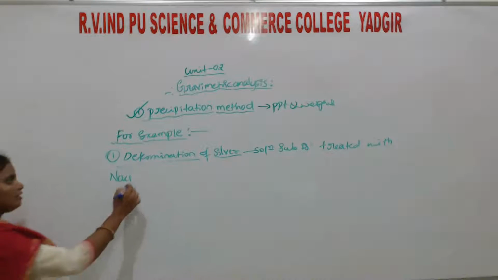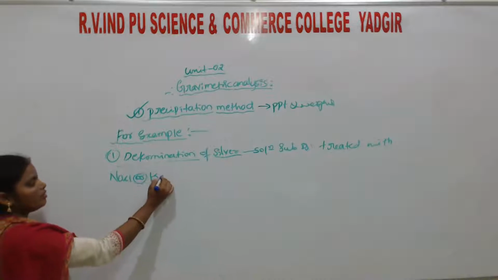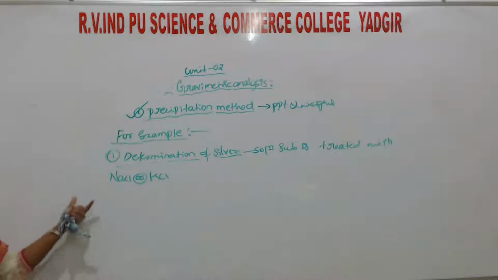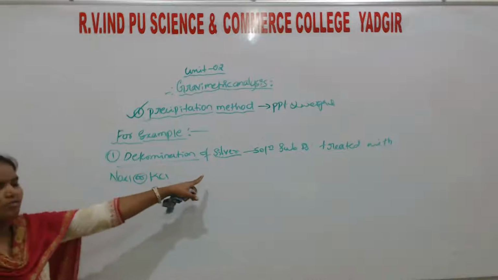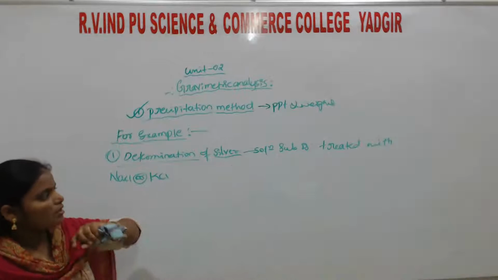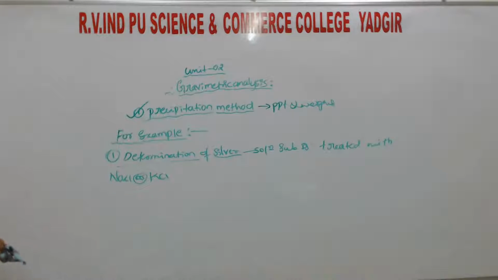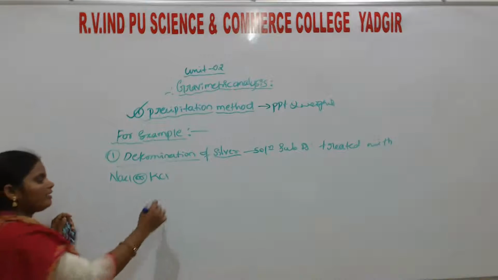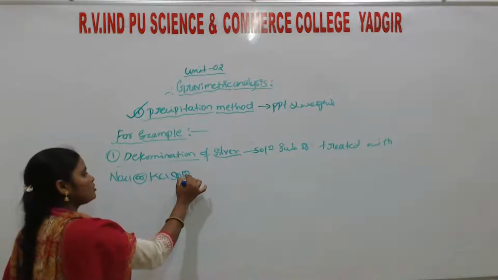We are taking a silver solution, and the solution of substance is treated with sodium chloride or potassium chloride solution to determine the silver.